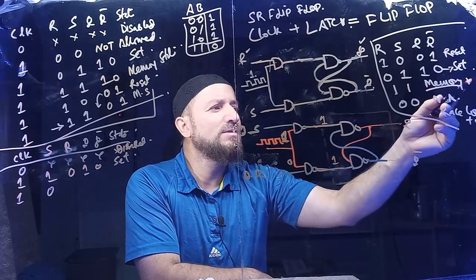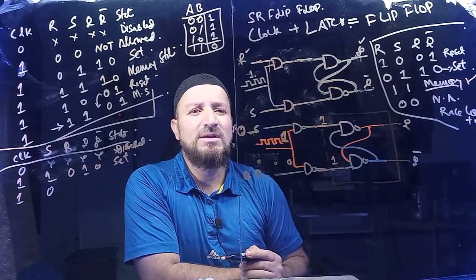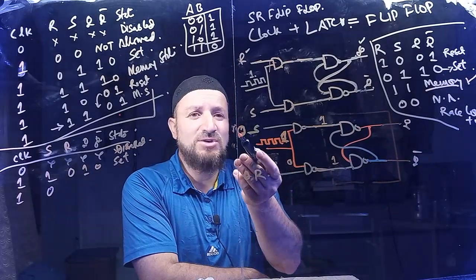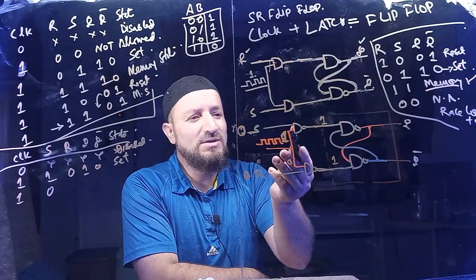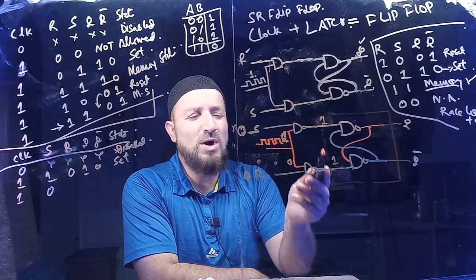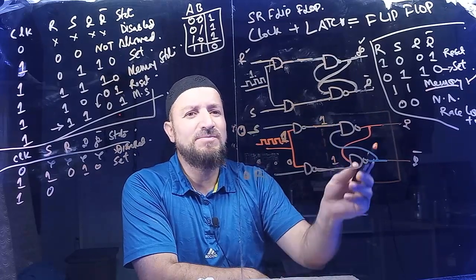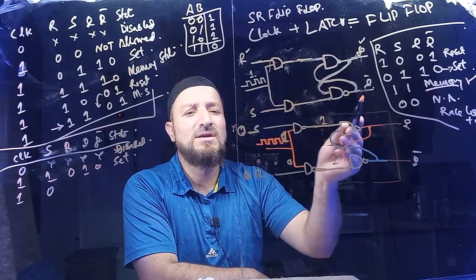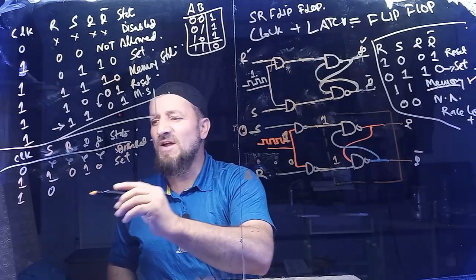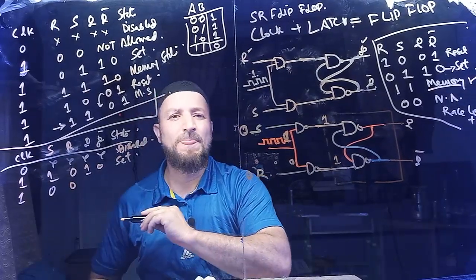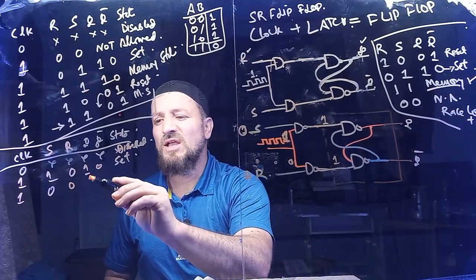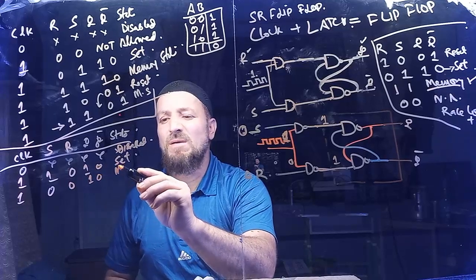That's a memory. So as a user I'm putting 0 0, but the NANDs are flipping it to make it 1 1, and for this circuit 1 1 means memory. So if I put 0 0 here, it is going to retain the previous output and it is going to be the memory state.